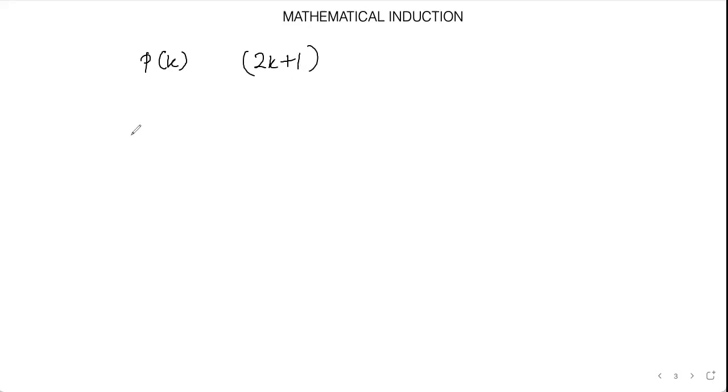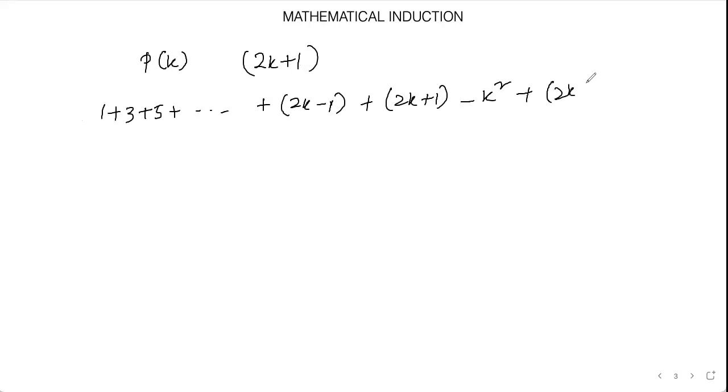So we obtain 1 plus 3 plus 5 plus and so on up to 2k minus 1, plus 2k plus 1, equal to k squared plus 2k plus 1, which is equal to k plus 1 whole squared.